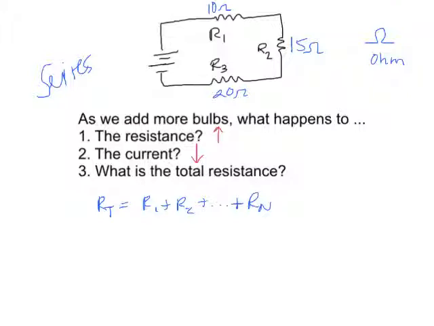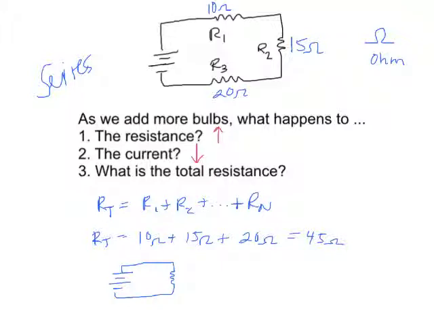Okay, so in this case, our equivalent resistance, or our total resistance for the circuit shown, would be 10 ohms plus 15 ohms plus 20 ohms, or 45 ohms. Now, something that I'm going to train you to do, when you find equivalent resistance, is to redraw your resistors as a single one.